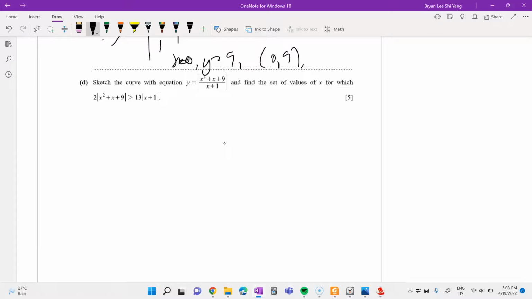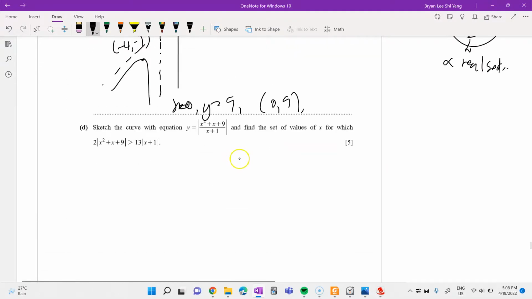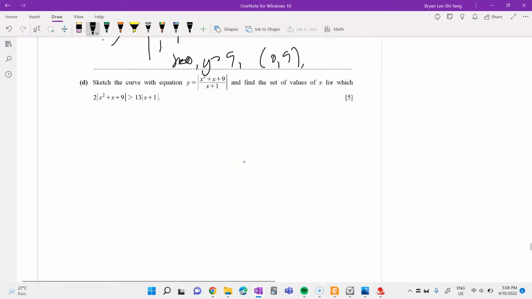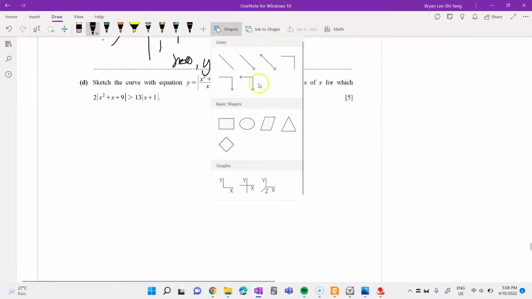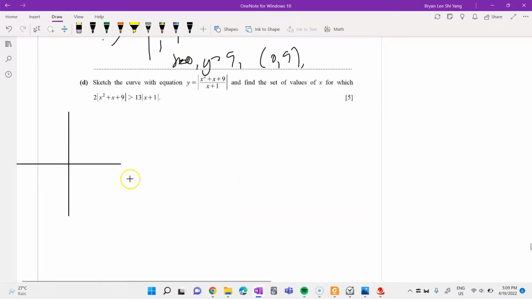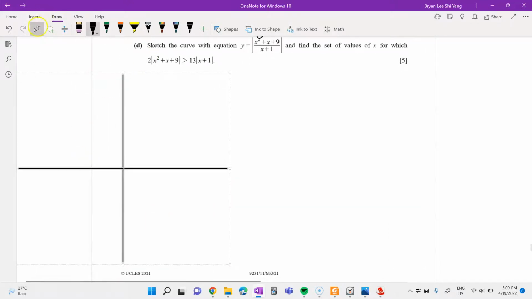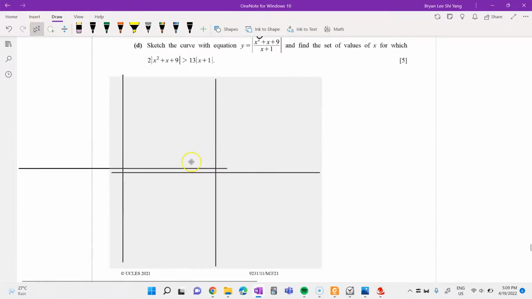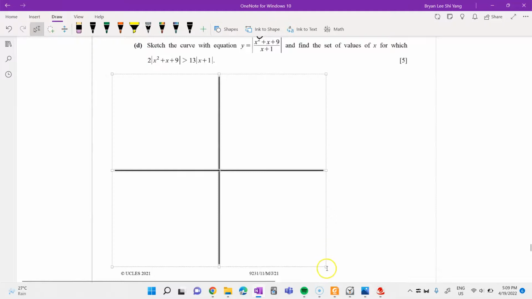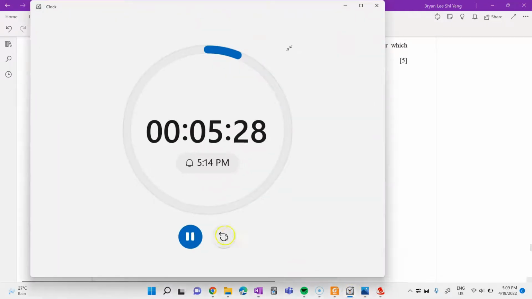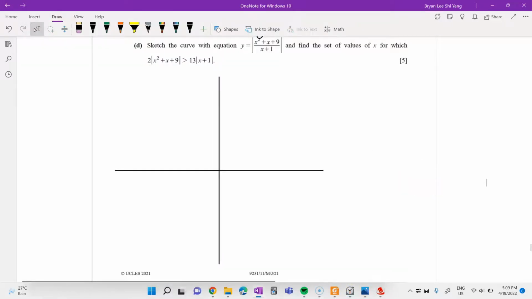Find the set of values of x for which. Oh my god. Okay, to sketch this, put this here. And then, oh frick man. I'll just stop it. I have my asymptote here again, and then I also have this asymptote.